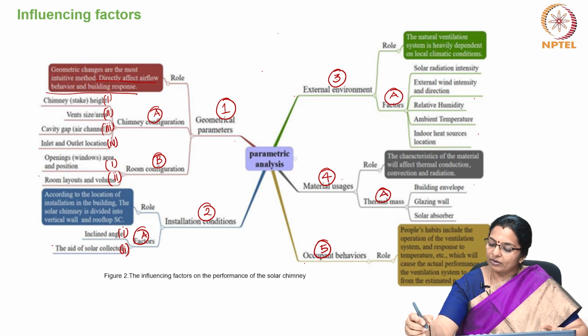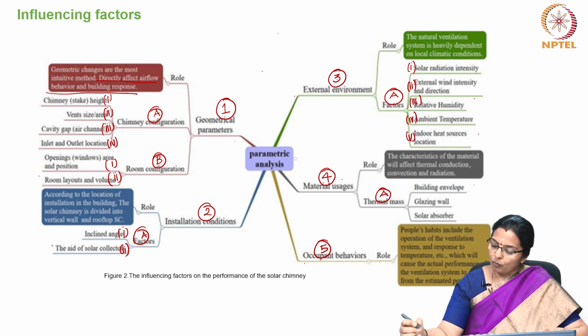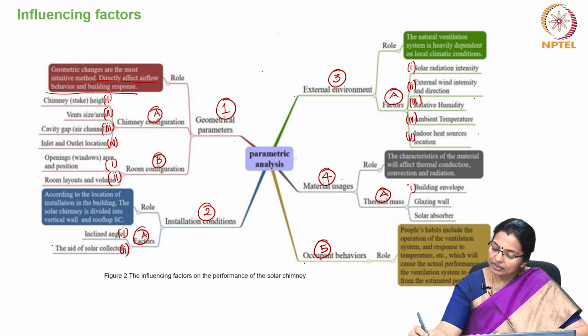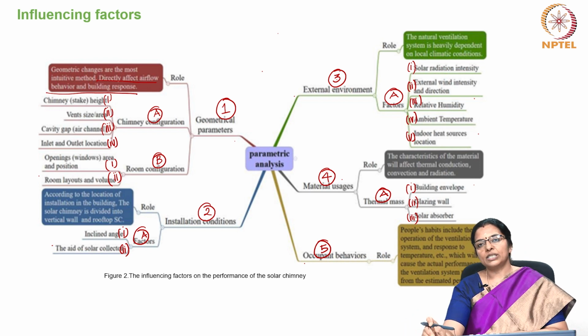The external environment comprises of these 5 aspects, while the thermal mass is of all the built form involved. So, these are the factors which influence the performance of a solar chimney.